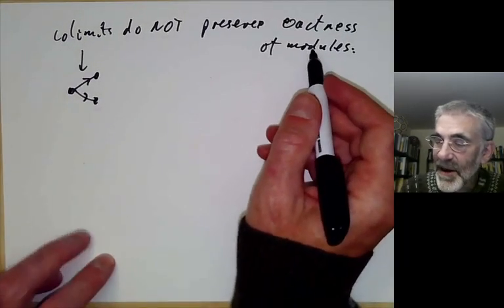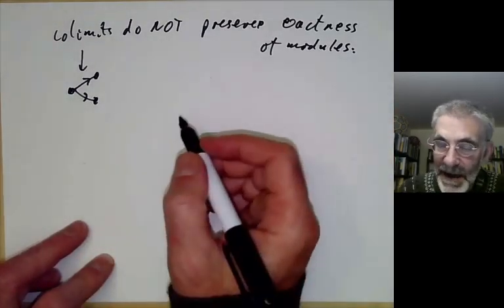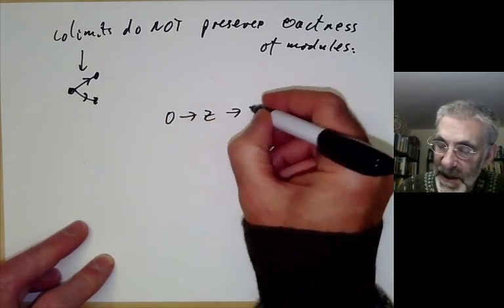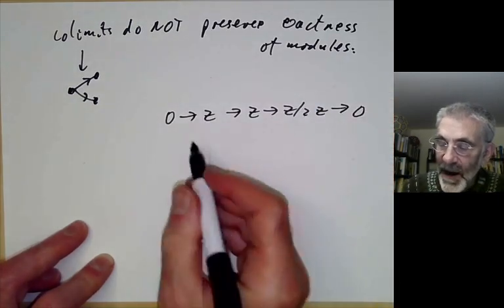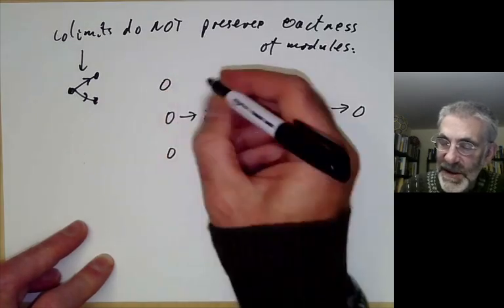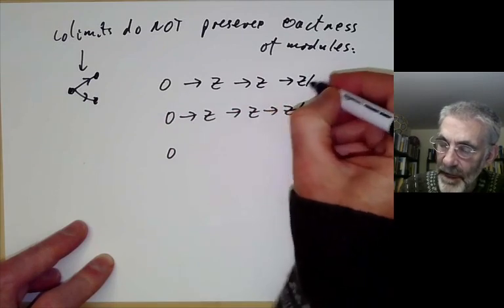And now we need some exact sequences, and we'll use the standard counterexample to everything, which is the sequence 0 goes to Z, goes to Z, goes to Z over 2Z, goes to 0. And now we need a colimit, so I need a couple more exact sequences, and I'm feeling really unoriginal, so I'll just take the same one over again.